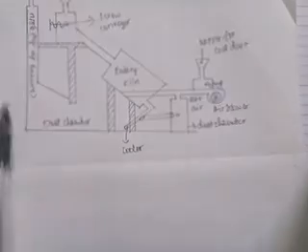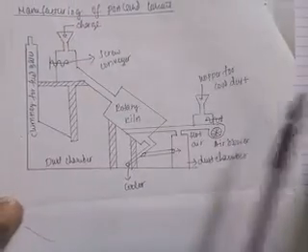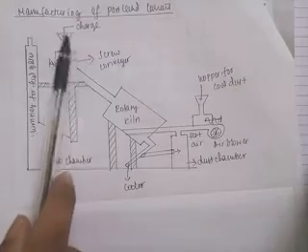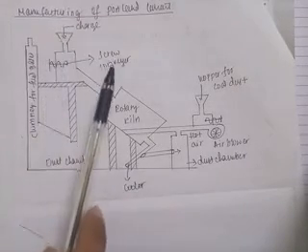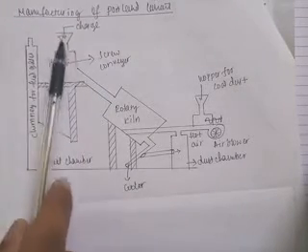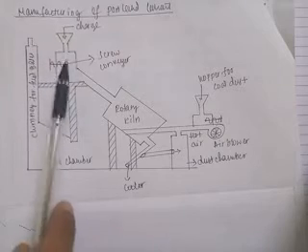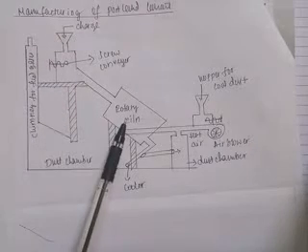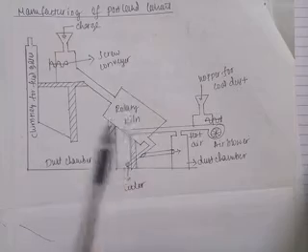This is the arrangement of the rotary kiln. Here the charge is added, and the screw conveyor helps in moving the dry meal into the rotary kiln. The rotary kiln is a drum-like arrangement, and it will be rotating.